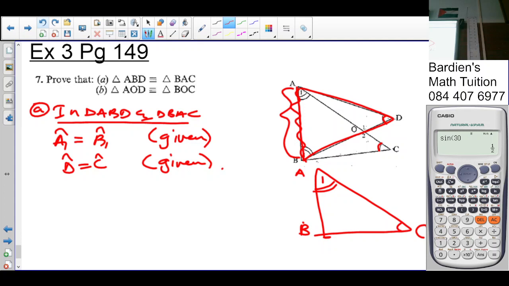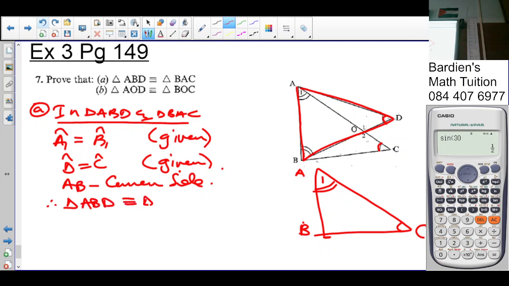So AB is a common side. Therefore triangle ABD is congruent to triangle BAC. Why? We use two angles and a side. AAS.